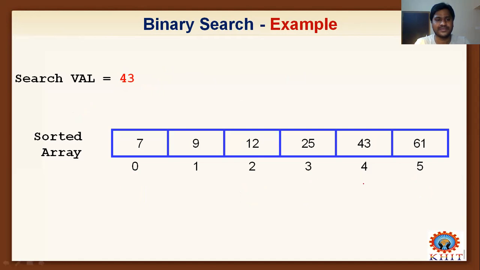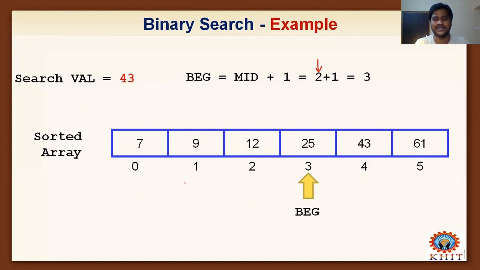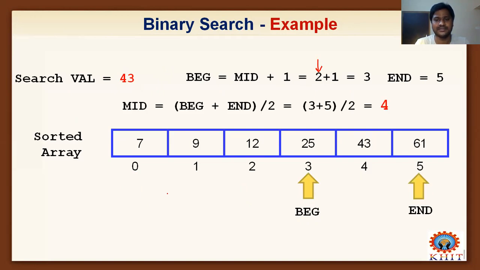So the search value is 43. What is beginning here? Mid plus 1. In the previous step, what was the mid value? We got 2, and 2 plus 1 is 3. So the beginning will be at this index of the array, and end equals 5 at the same position. Apply the mid calculation here, and we get mid value as 4.